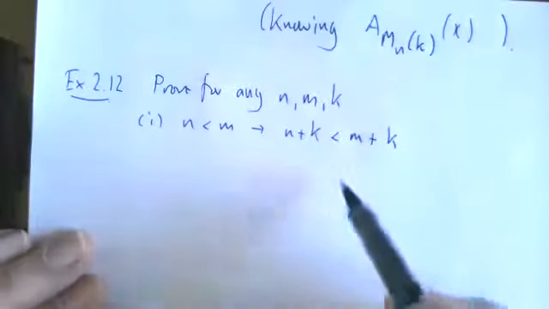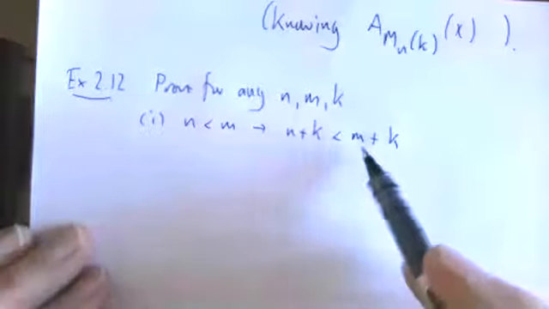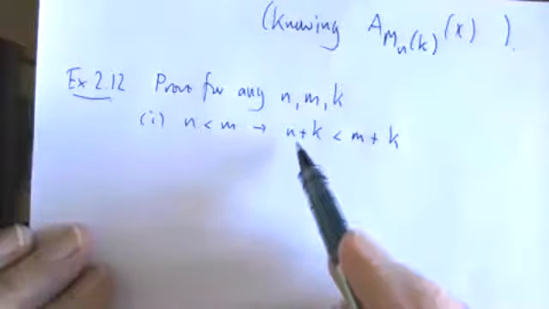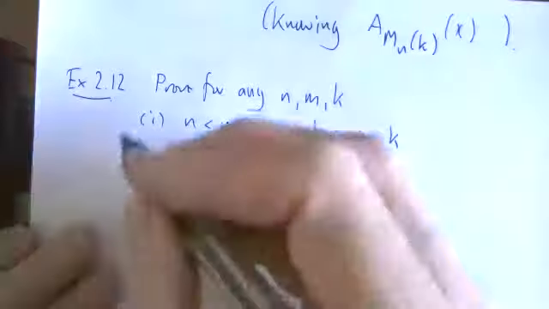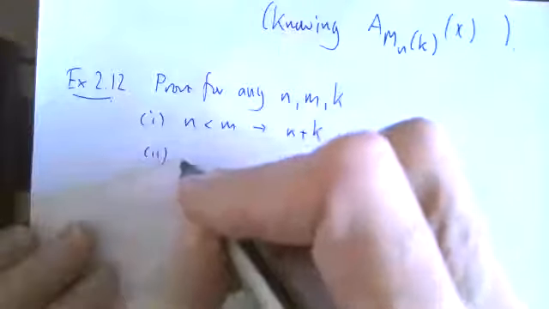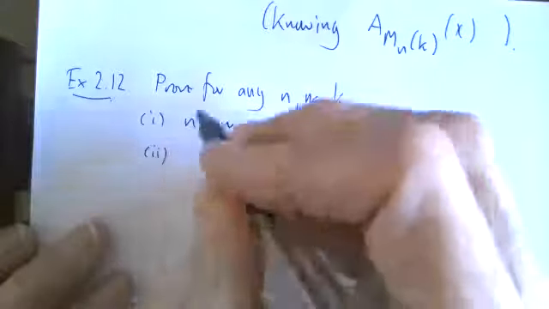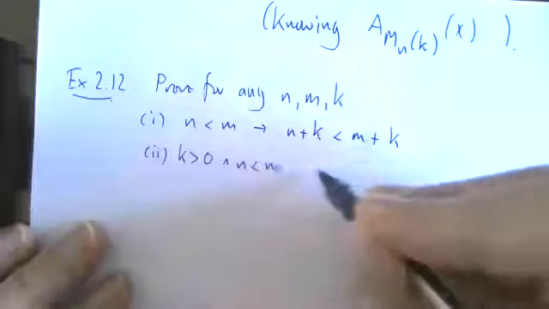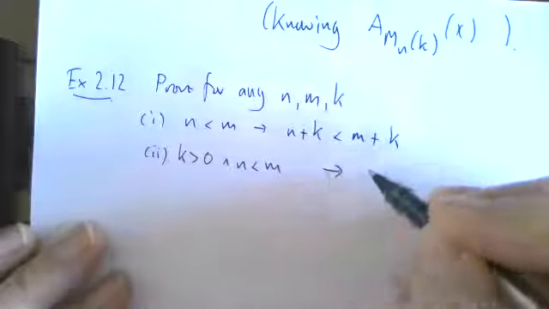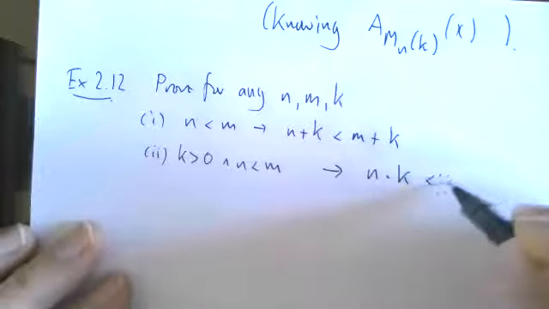So it's proving that addition is strictly increasing in this first variable. Right? And as long as k is bigger than 0, we can do the same for multiplication.